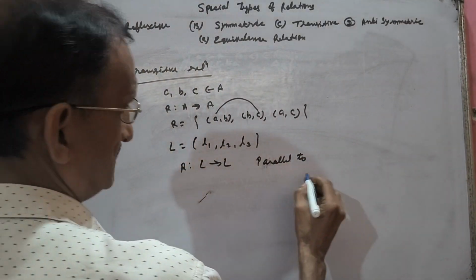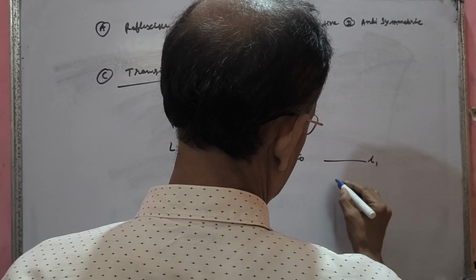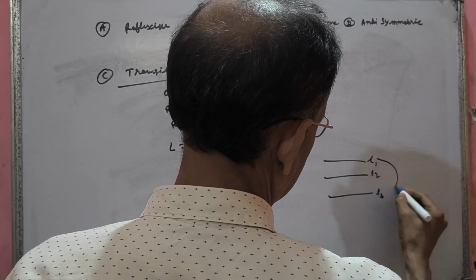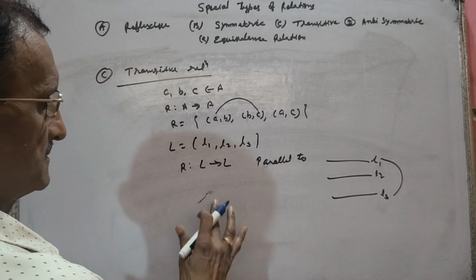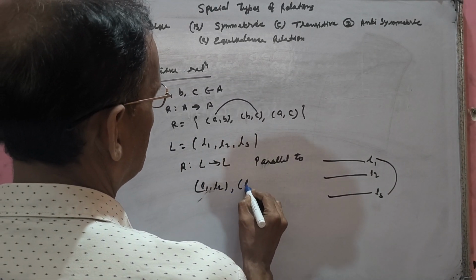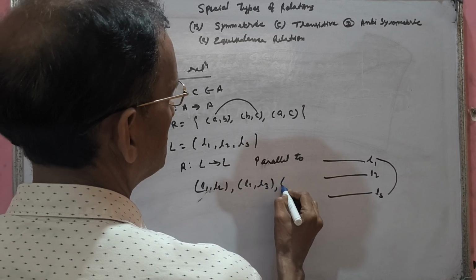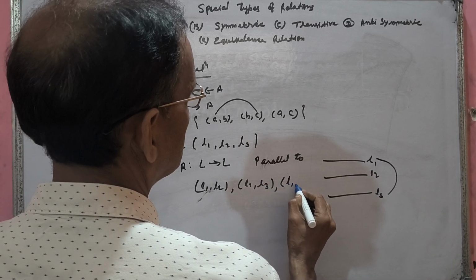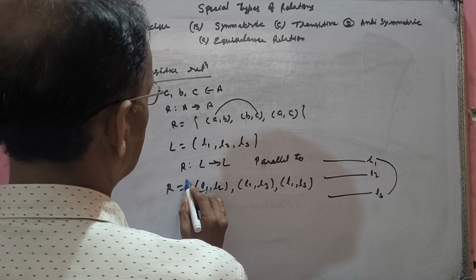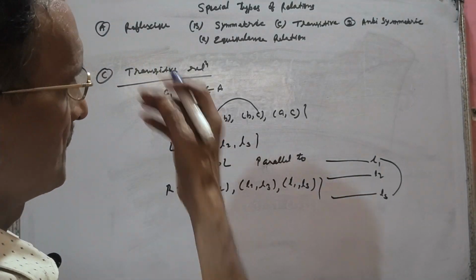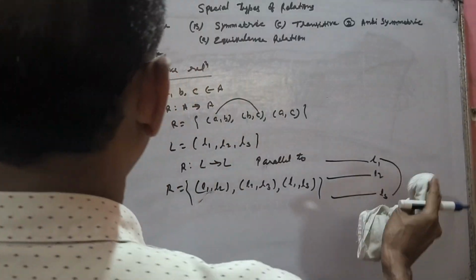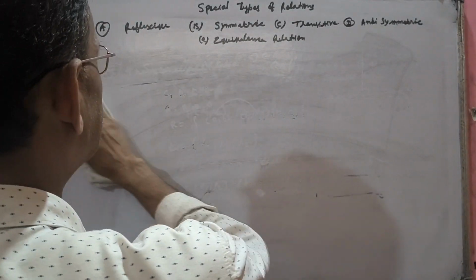Now see, if L1 is parallel to L2, and L2 is parallel to L3, then L1 will be parallel to L3. If (L1, L2) belongs to R and (L2, L3) belongs to R, then (L1, L3) must belong to R. In this case, R is transitive.